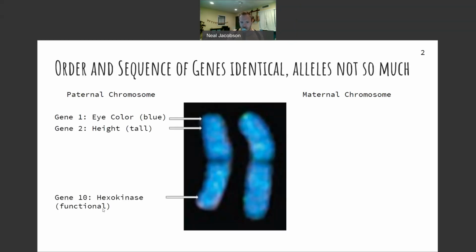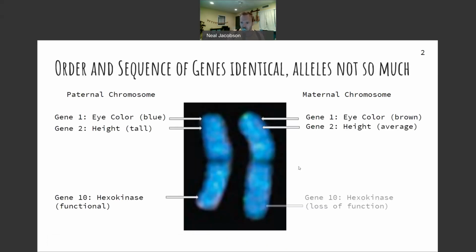And maybe down at the last part of the chromosome, he's got a gene for hexokinase, the enzyme that phosphorylates glucose in glycolysis. So anyways, we have three genes. Obviously, there's way more than that on this chromosome. And notice that the order and sequence of genes are the same, right? So gene 1 is eye color. So the chromosome you got from mom has a gene for eye color. It's going to have a gene for how tall you are.